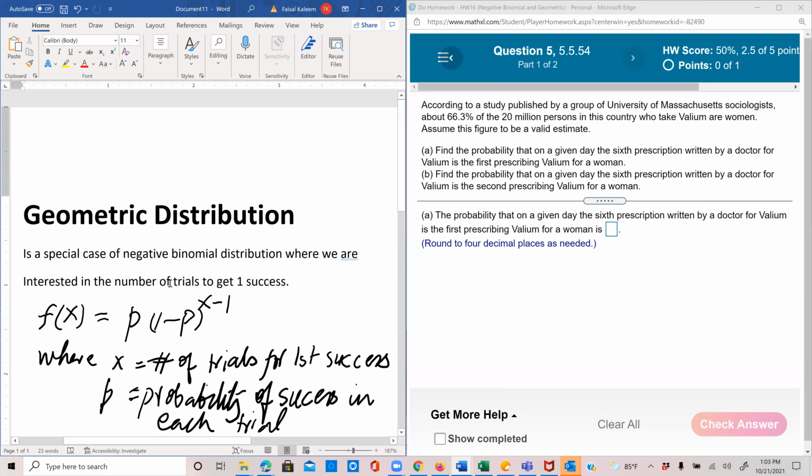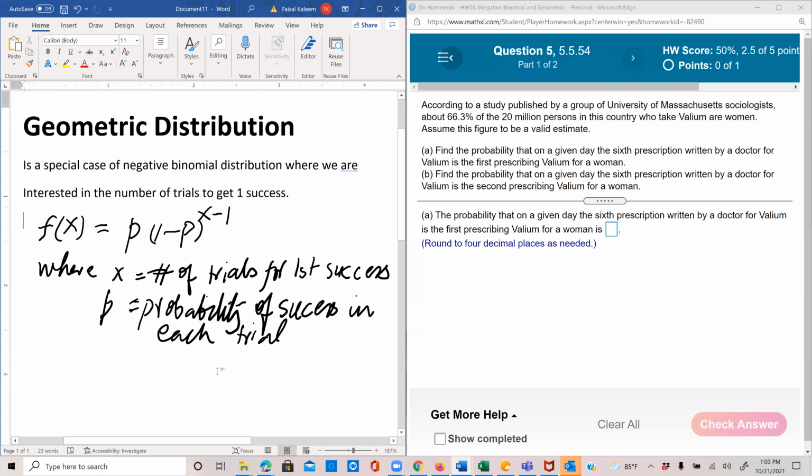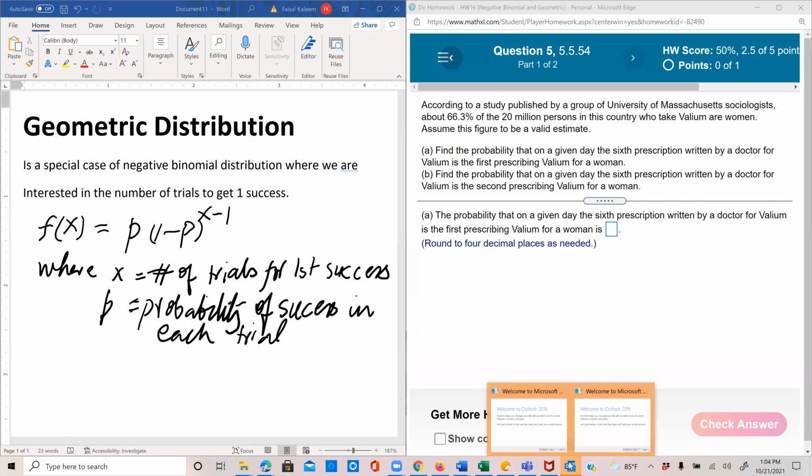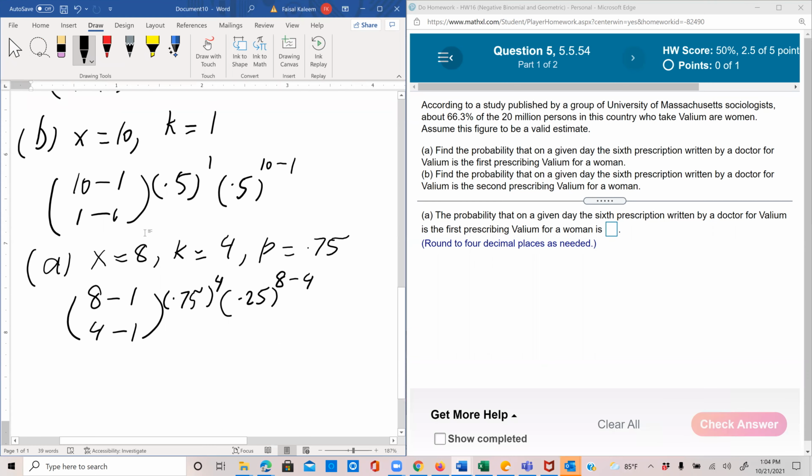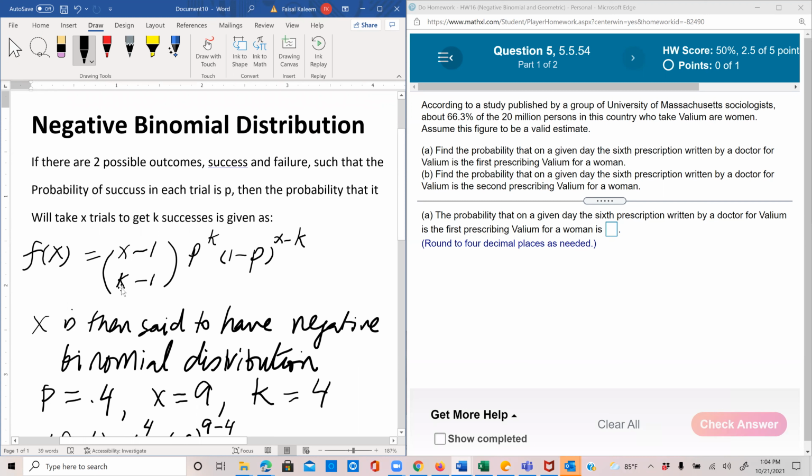Okay. So even if we don't know geometric distribution, but we know the negative binomial, we can still get by. It's just that the formula looks more clean. And it's easy to see why this is the formula for geometric distribution, because if we go back and look at the negative binomial, here now we're talking about k is equal to 1.